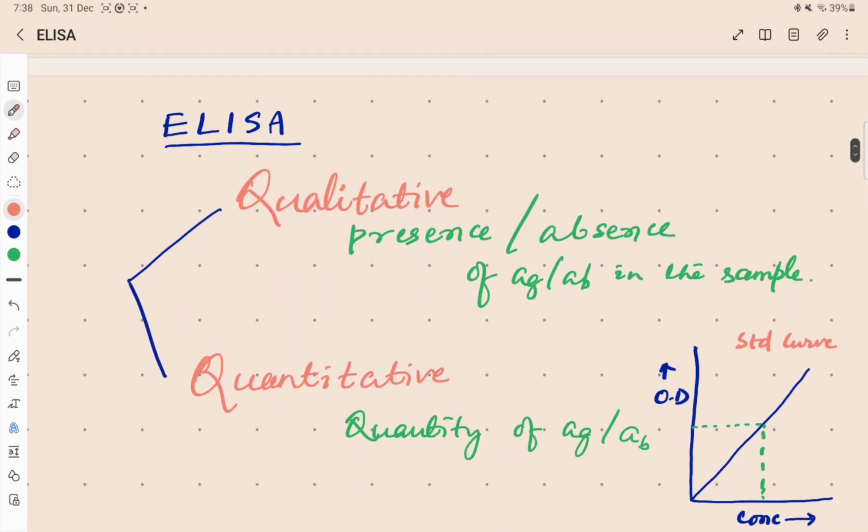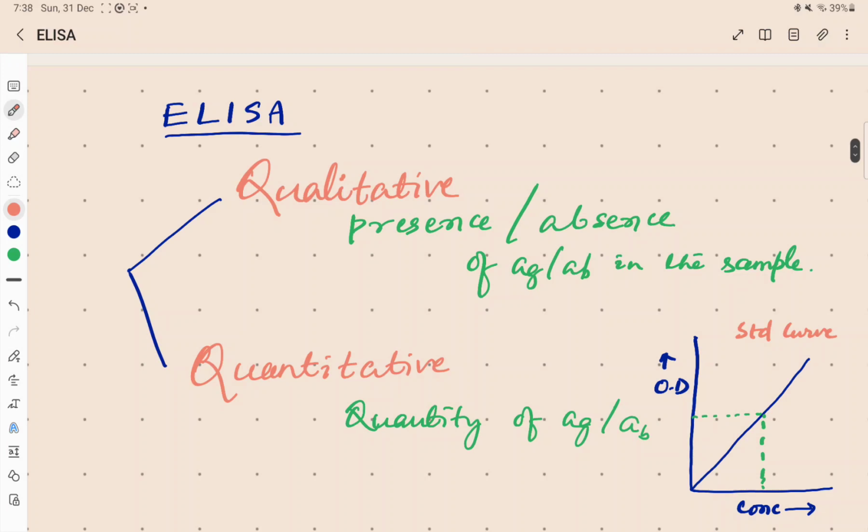So ELISA can be of two types, qualitative and quantitative. That means from the change in color, because we are using here one enzyme which is conjugated to the antibody, and if that conjugated antibody reacts with the antigen, then when we add the substrate it will be changed to a colored product, and from the color we can say the antigen or antibody is present or absent in the sample.